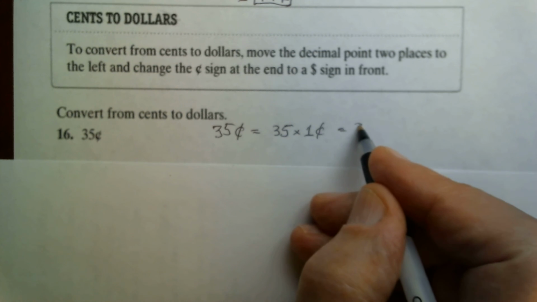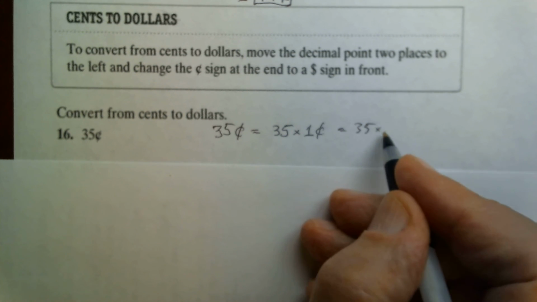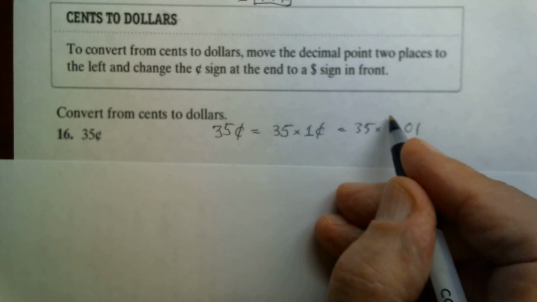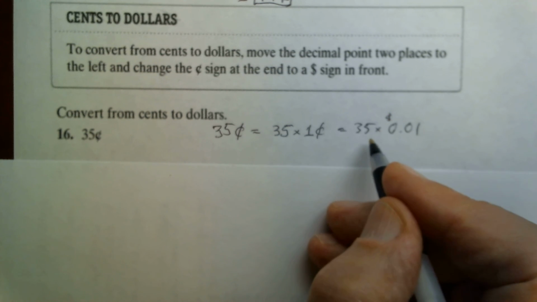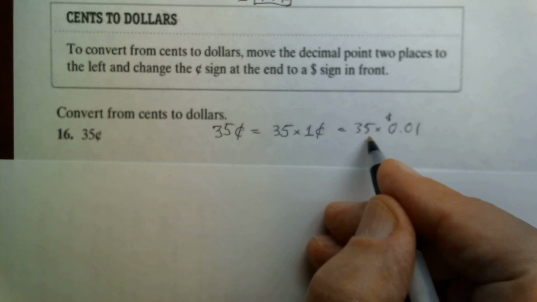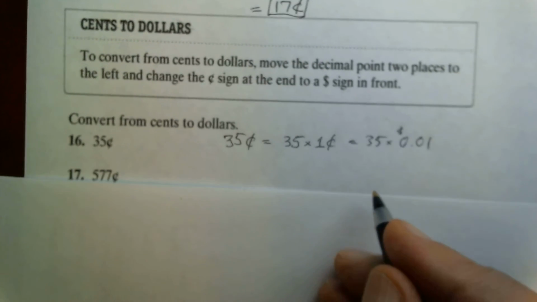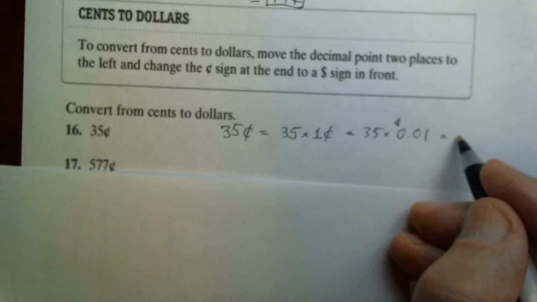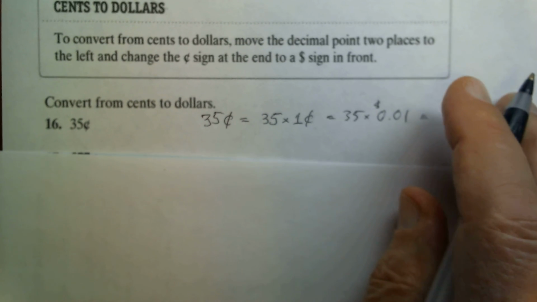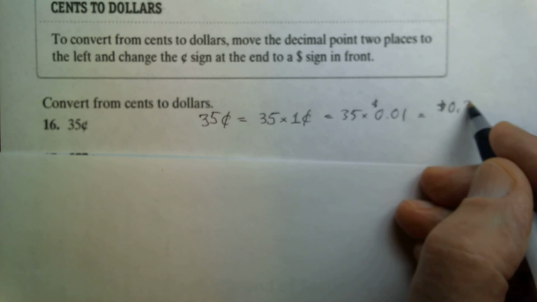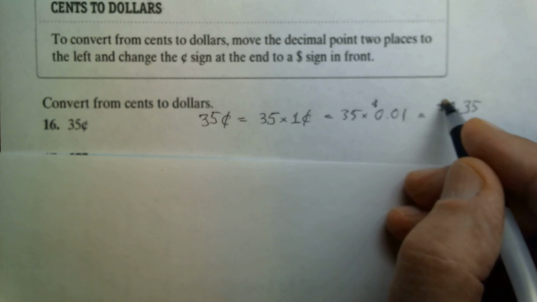That means 35 times 0.01 dollar. So we move the decimal point 2 places to the left, and so this then becomes 0.35 dollars.